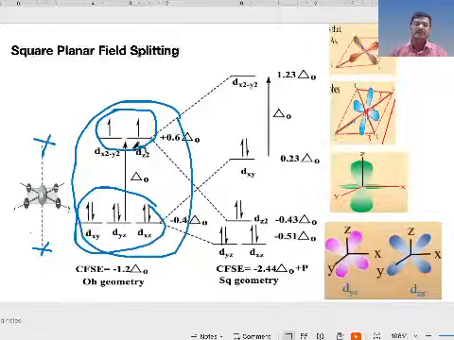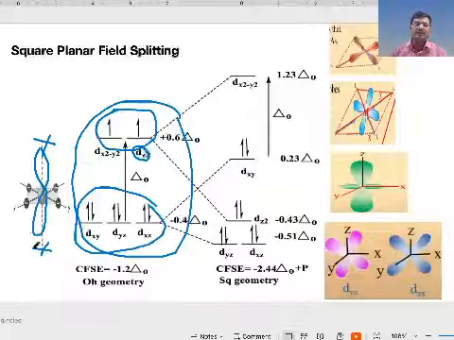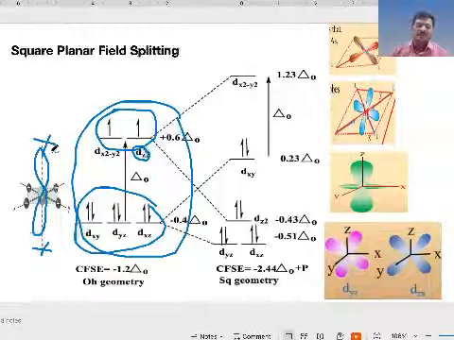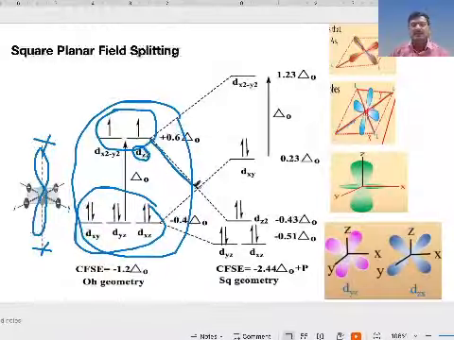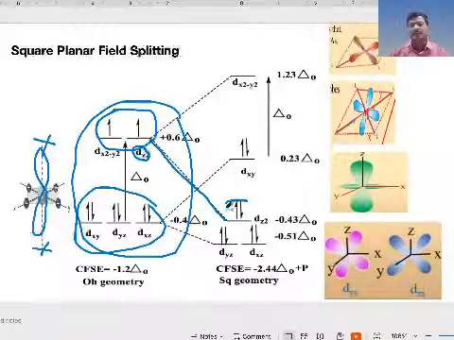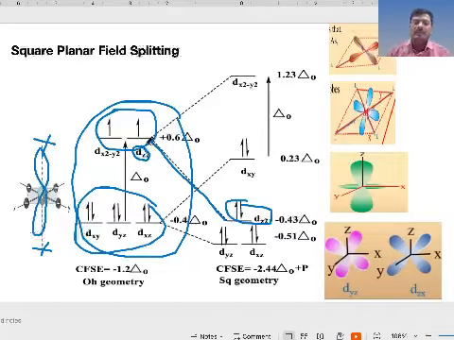That's why the dz² orbital gives less repulsion, because there is no ligand. When it has less repulsion, the energy of this orbital moves lower compared to the octahedral. In the square planar case, the dz² orbital moves to lower energy.